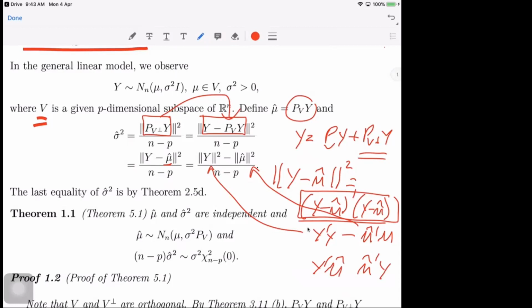The middle term can be expressed as minus 2 mu hat prime y and mu hat prime mu hat, plus mu hat prime mu hat, so it becomes minus.